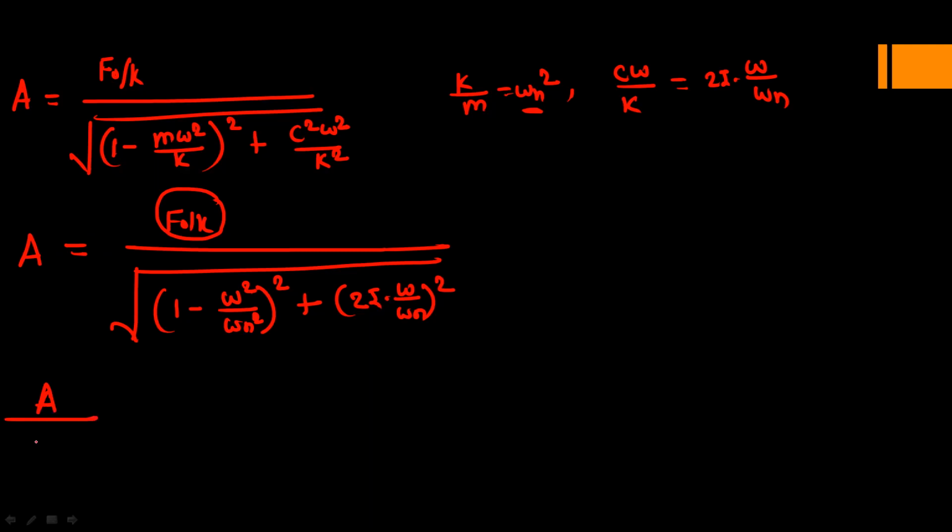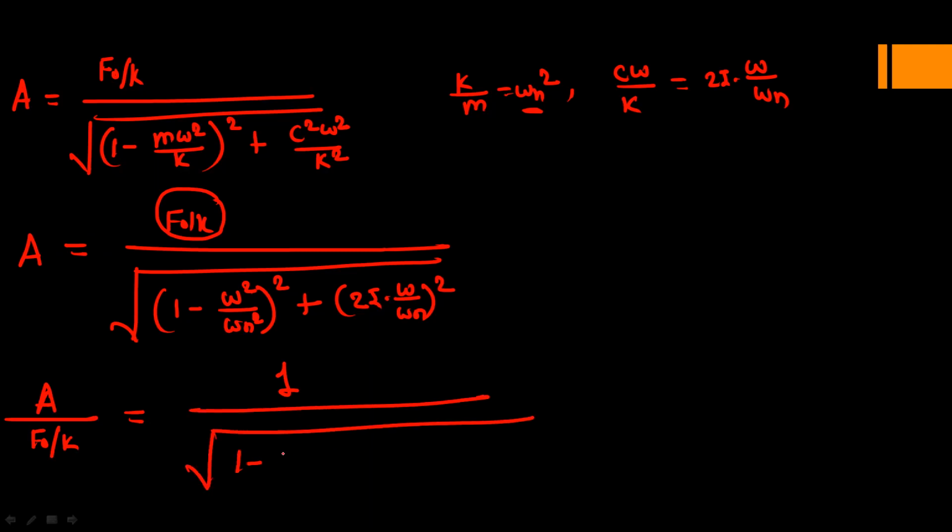So A upon F0 upon K is equal to 1 upon the square root of 1 minus omega square upon omega n square bracket square plus 2 zeta omega upon omega n bracket square. Okay, so this ratio A upon F0 upon K is called the magnification factor.